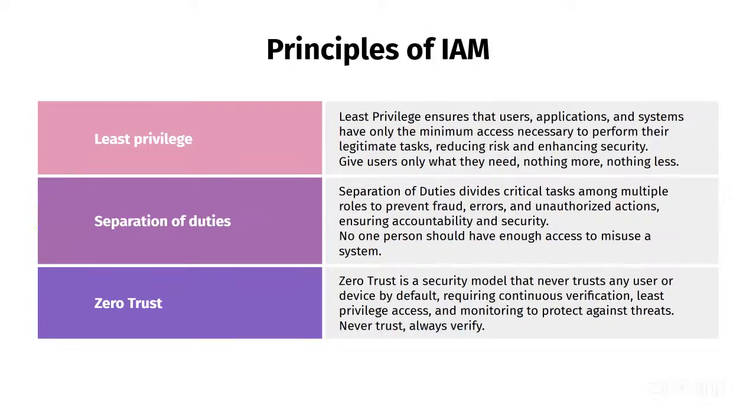And then zero trust is a security model that never trusts any user or device by default. So you always require verification and monitor and protect against threats. So you always verify, never trust.